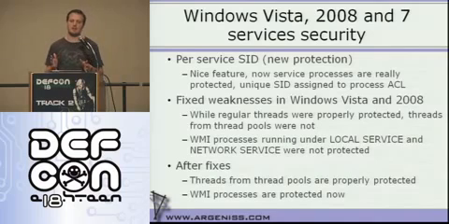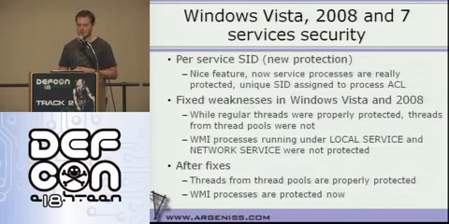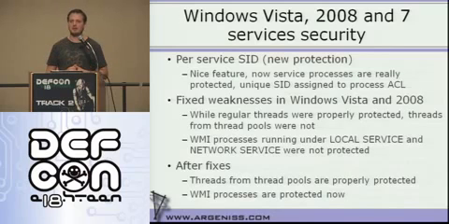For instance, if we have a service running on the network service account, they remove the network service account from the ACL of the process and insert a unique SID in the ACL. This means that other processes running under the network service account won't be able to access these processes because they don't have permissions. Basically, this is almost the same protection they added to fix the issues on Windows XP and 2003.